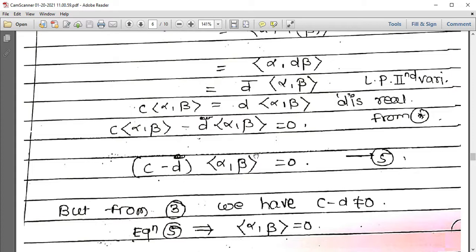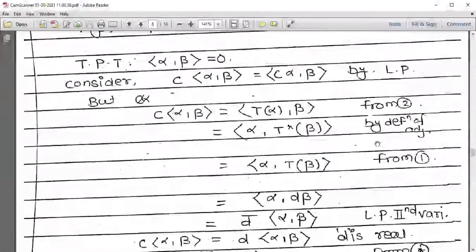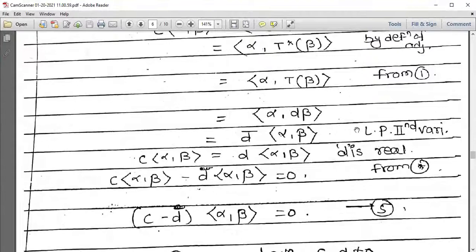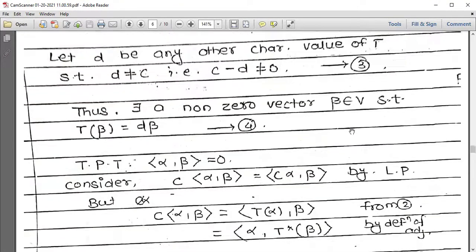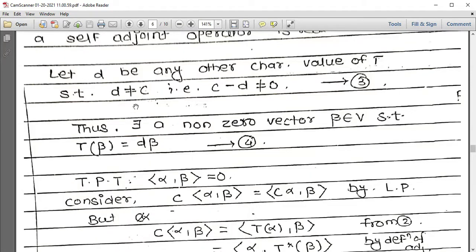Taking to the left hand side, we get C into inner product of alpha and beta minus D bar into inner product of alpha and beta is equal to 0, from equation number star. Equation number 3.